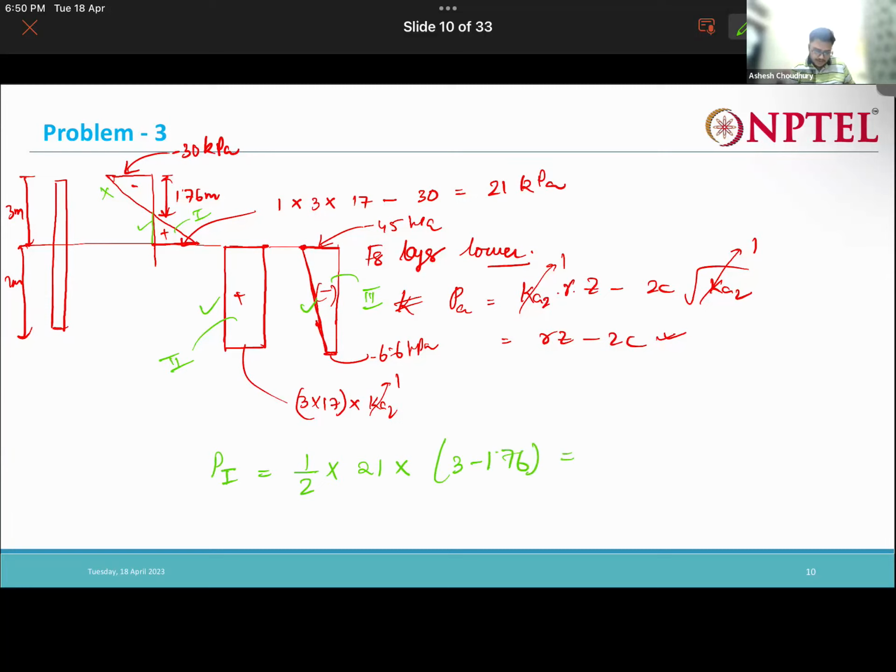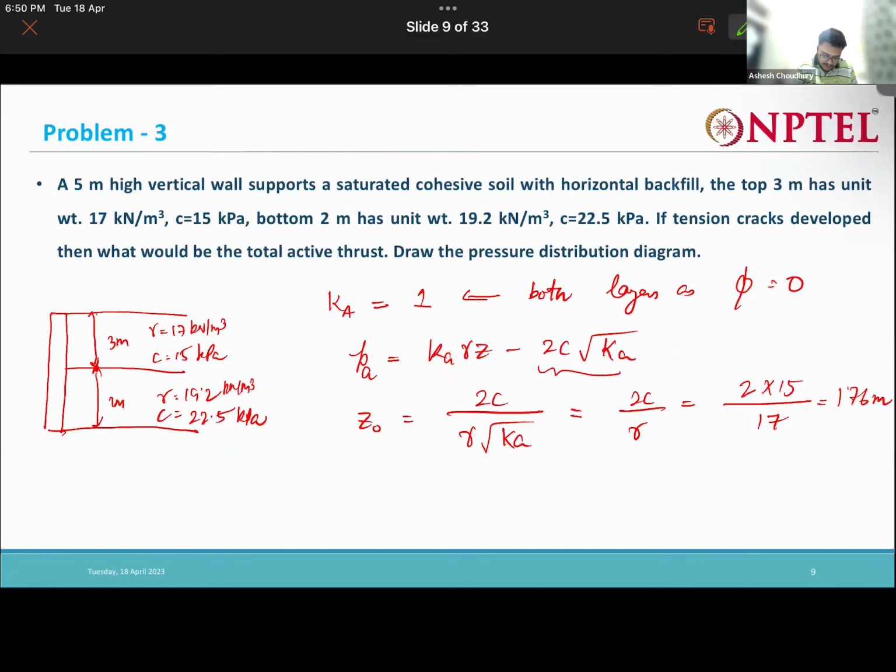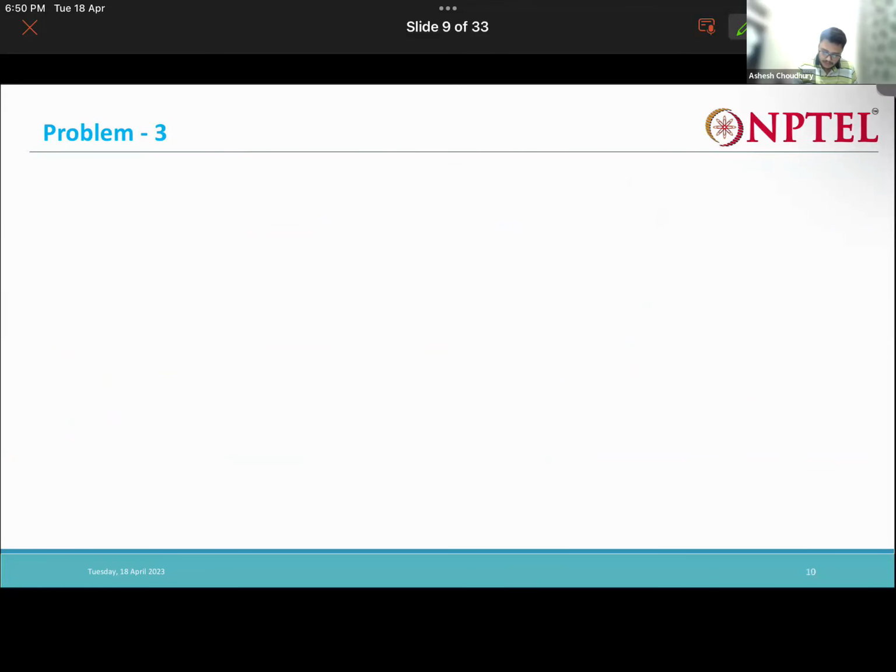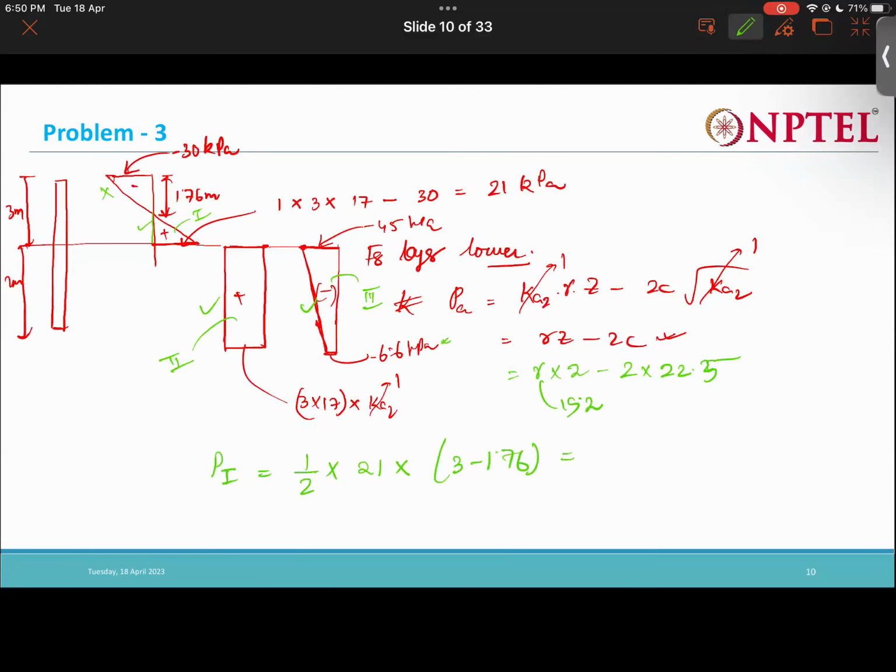How did the 6.6 value come? See, gamma into z, that is 19.2 into 2 minus 2 into 22.5. It's given, right? For the layer, this 19.2.